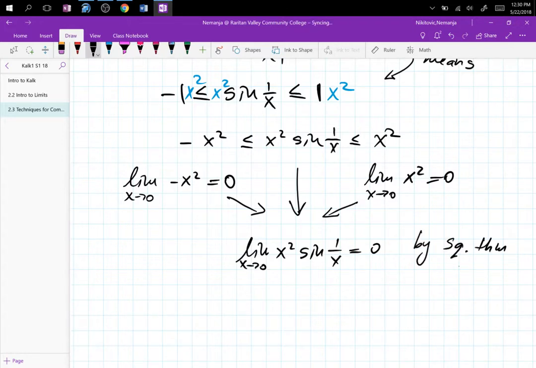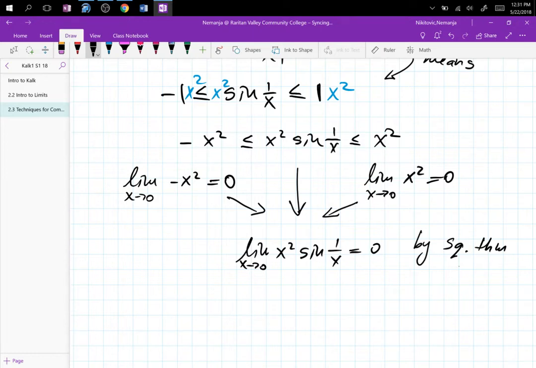We actually never worked on the limit of x squared sine 1 over x. We just used it to construct functions that are easy to work on and then computed those.